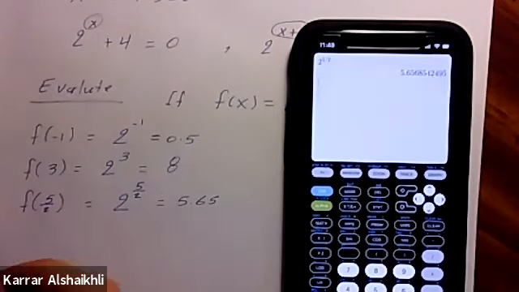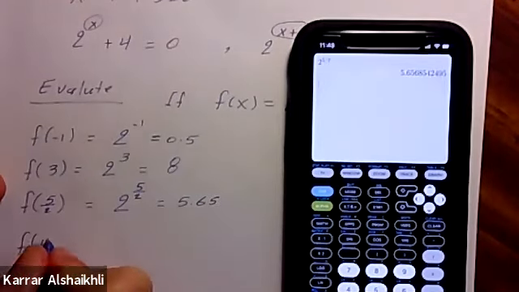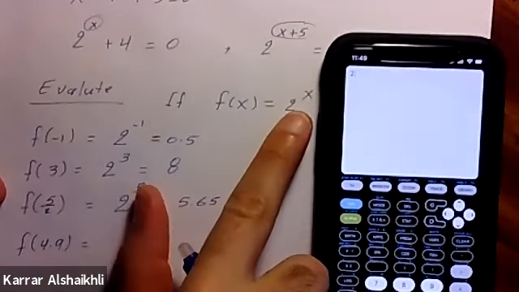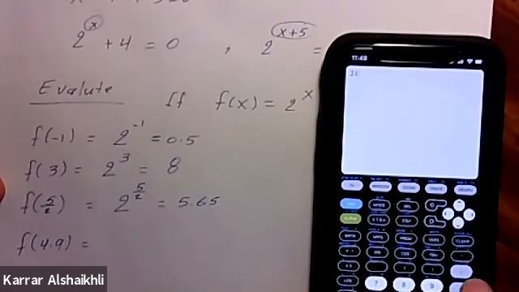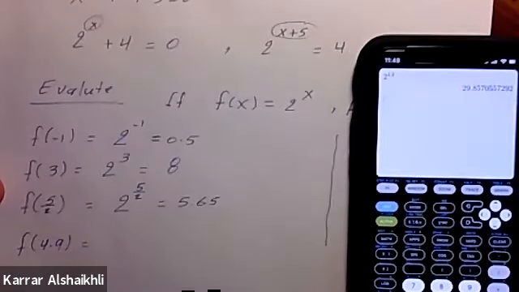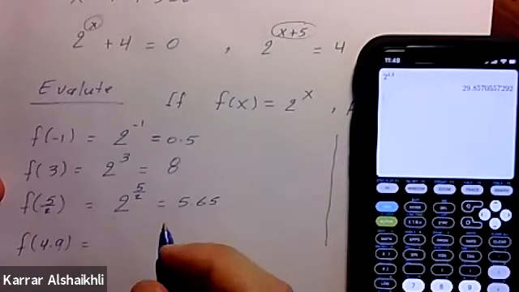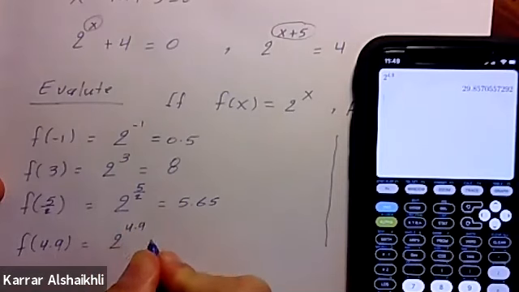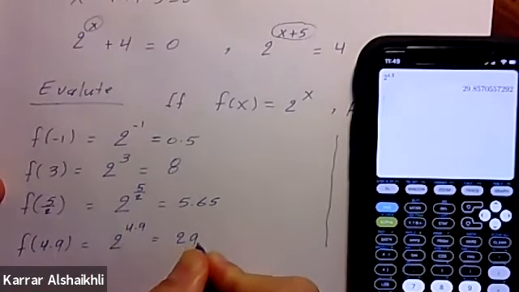Let's do another example. If they ask you to find f of 4.9, now we're going to plug in 2 to the exponent 4.9, and the result is going to be 29.85.